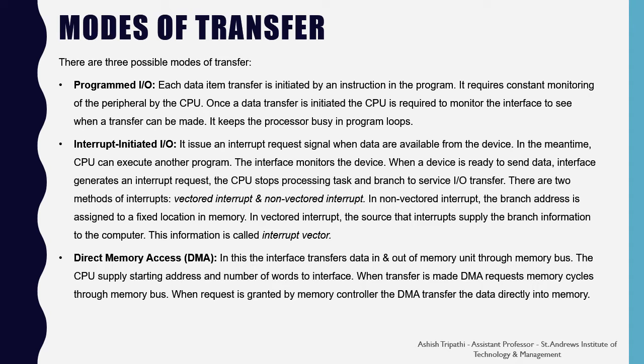In the programmed input output, each data item transfer is initiated by an instruction in the program. It requires constant monitoring of the peripheral by the CPU. Once a data transfer is initiated, the CPU is required to monitor the interface to see when a transfer can be made. It keeps the processor busy in the program loops.